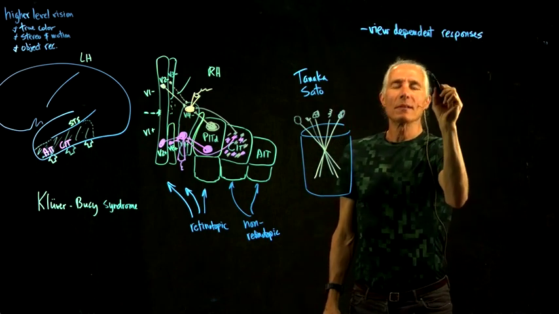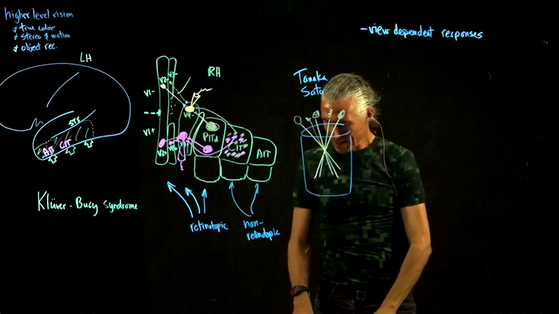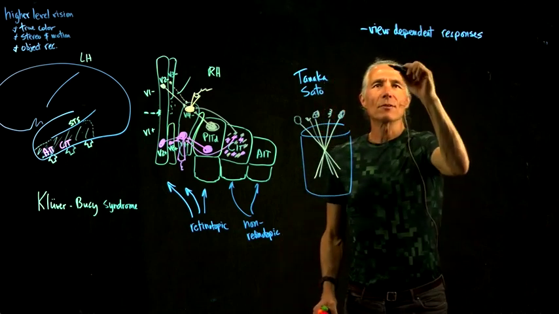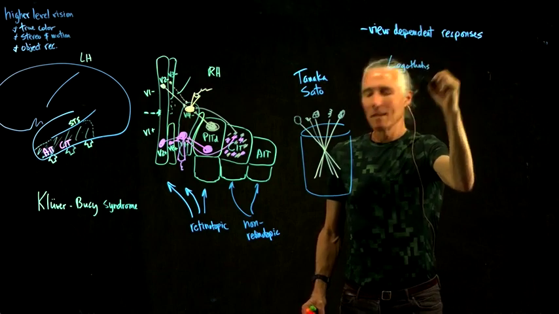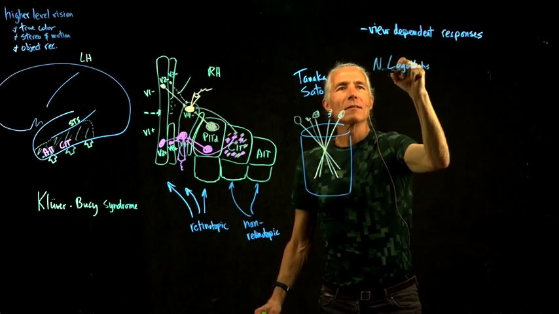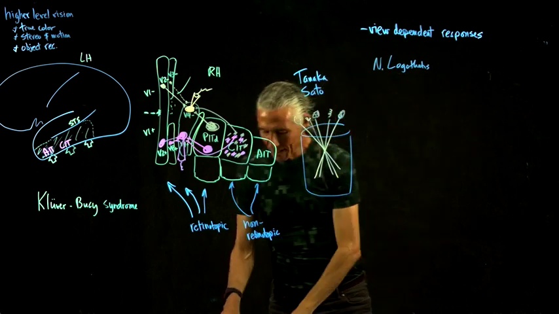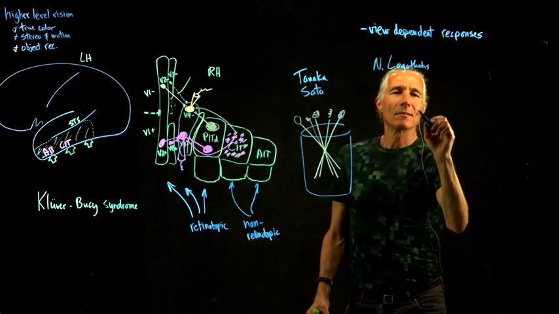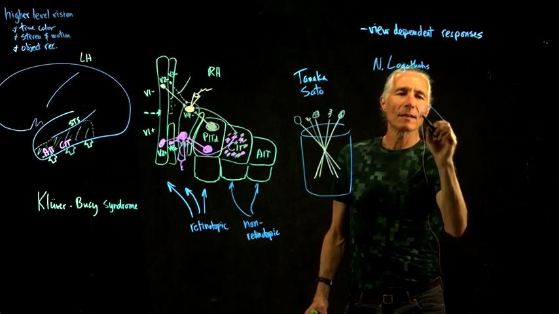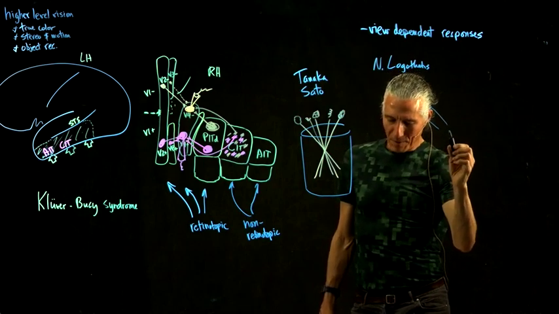And so this was done very carefully with a series of objects. This was something that Nikos Logothetis did back in the day. These were objects they got from the MIT AI lab. They were computer graphics. I call them paper clips.